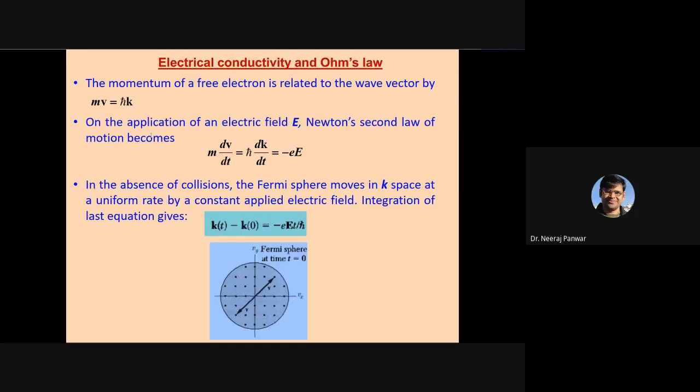So now we are going to discuss the electrical conductivity and Ohm's law as per the Sommerfeld free electron theory. So we know that the momentum of a free electron is related to its wave vector according to quantum mechanics as follows. mv, that is the momentum of the mass that is moving with velocity v, is equal to h cross k, where k is the wave vector of the electron.